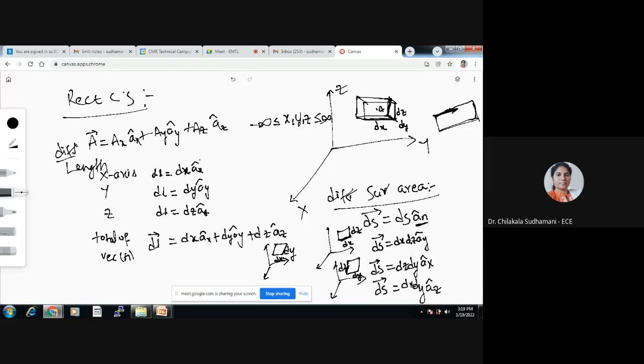And what is the next one? One is length, another one is area, another one I told you is volume, differential volume. So how do we calculate volume? Area is side into length, length into breadth.